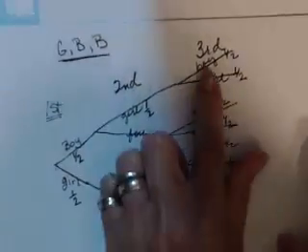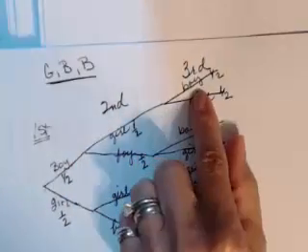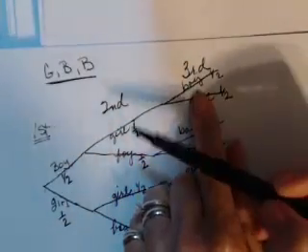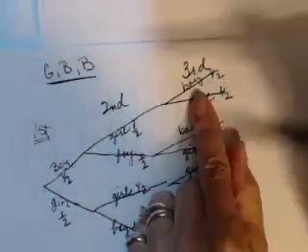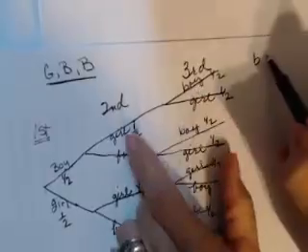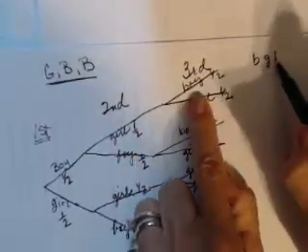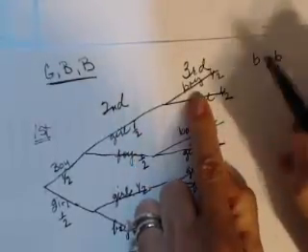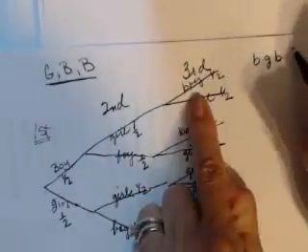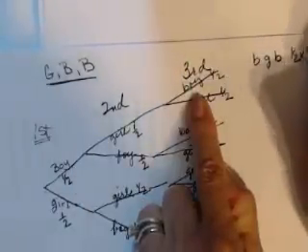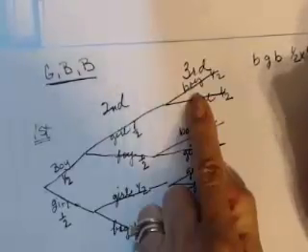So you read each branch and you write down the order. So you have a boy, girl, boy, and the probability is 1/2 times 1/2 times 1/2, which is 1/8.